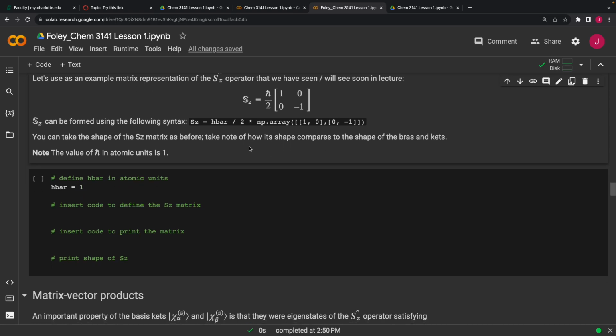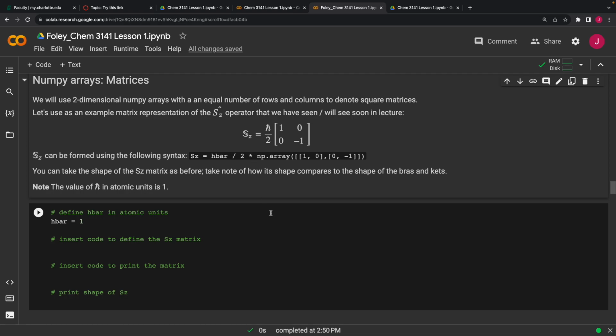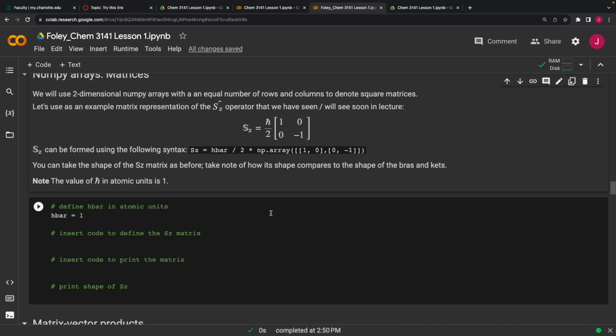If we have time at the end, we can certainly talk about it. For now, we're just going to focus on building this matrix in NumPy and working with it a little bit.